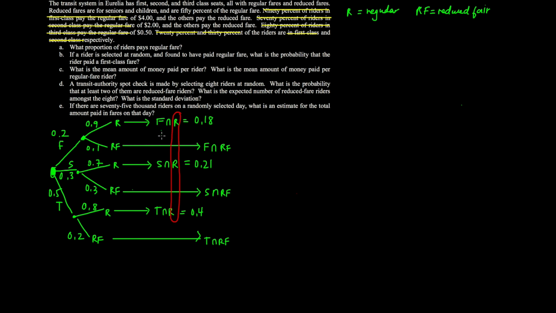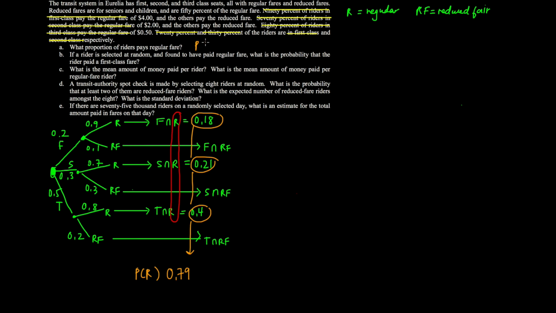Alrighty, so now we can take these three items and add them all up, and we'll obtain a total of 0.79, and that's the probability of regular fare, which is what proportion of riders pay regular fare.